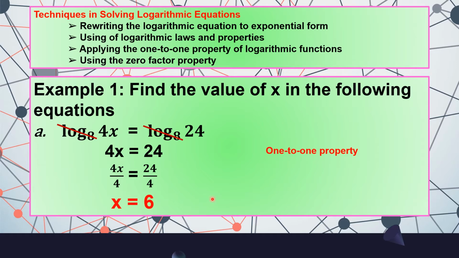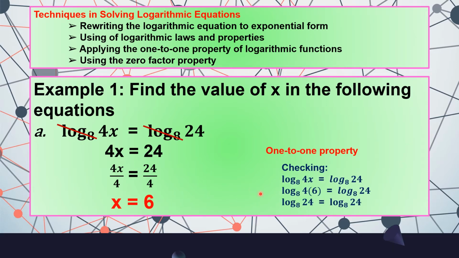So, let us check whether our answer 6 is correct. Just substitute the value of our x, which is 6, in the x in our equation. So, x now became 6. So, logarithm of 4 times 6 with base 8 is equal to logarithm of 24 with base 8.